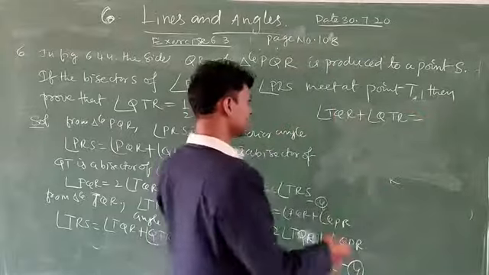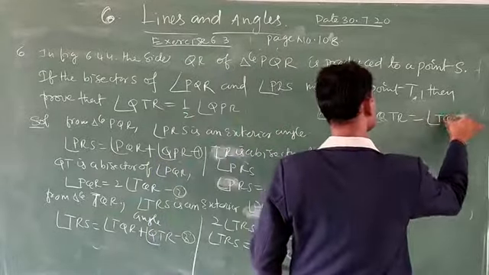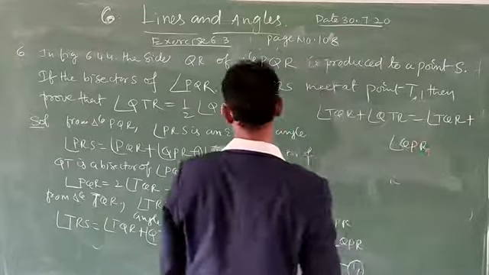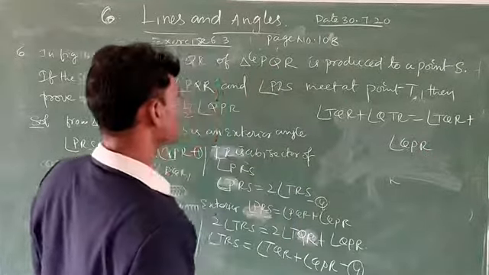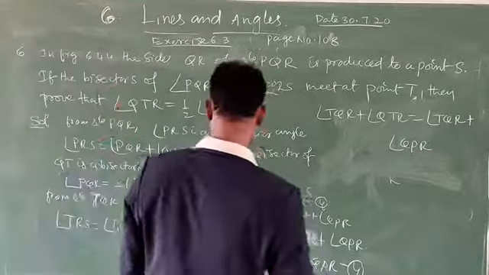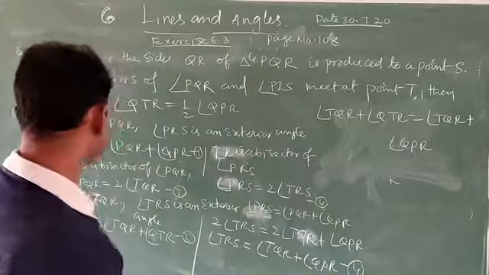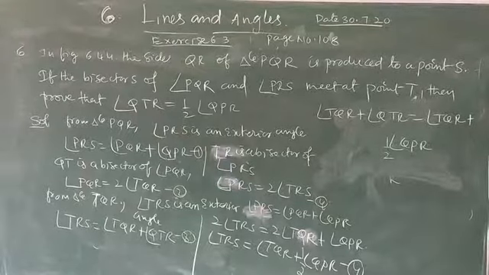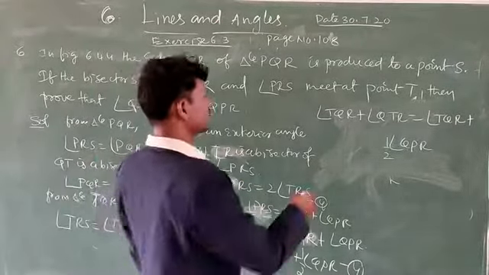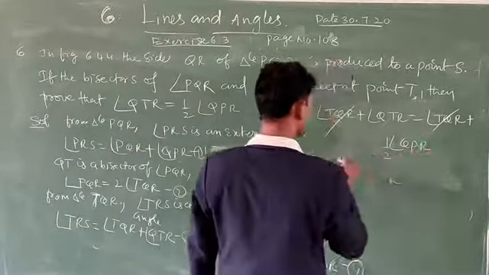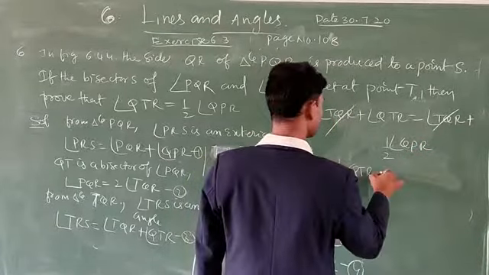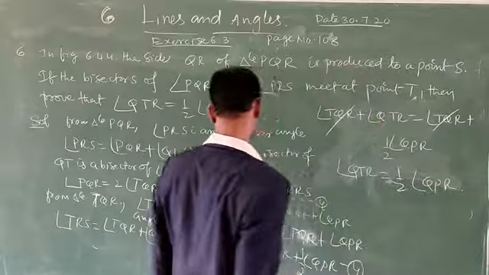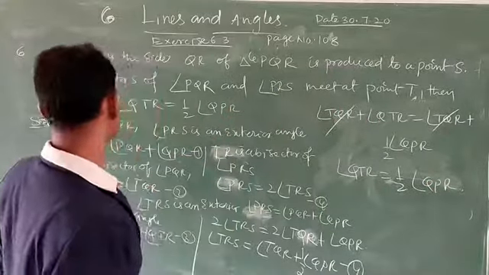Here also TQR plus half of QPR. Now here TQR cancels, then QTR is equal to 1/2 QPR. This is the answer. Very easy.